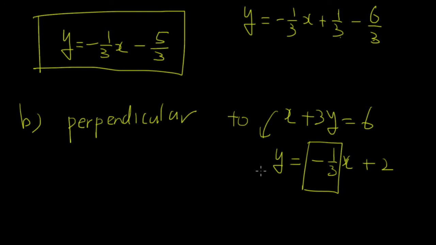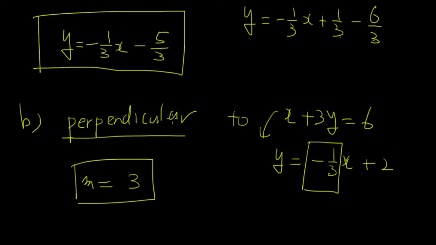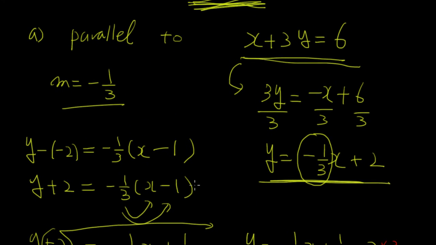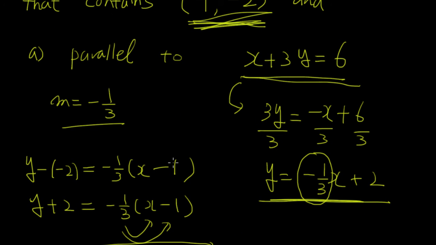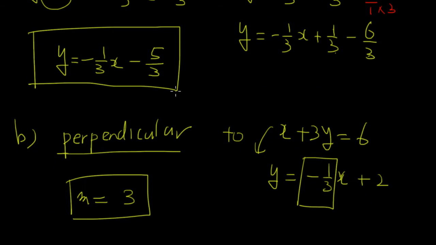But we are not looking for the same slope. We are looking for a slope that is perpendicular to this, which means we have to flip it and put the negative. So when we take the negative reciprocal of this, it's going to be 3 that we are going to use, right? It's going to be 3 instead of this.